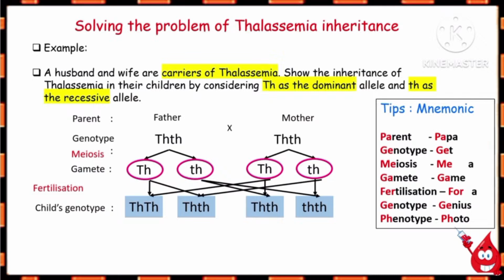After that, don't forget to write the phenotype for each child. So the first one, can you tell me the answer? Very good. So we have one normal child, two thalassemia minor or heterozygotes, and the last child is thalassemia major because this child carries both recessive alleles.